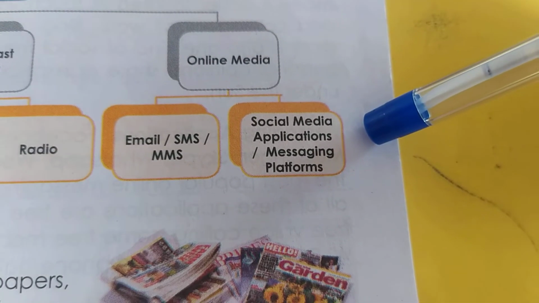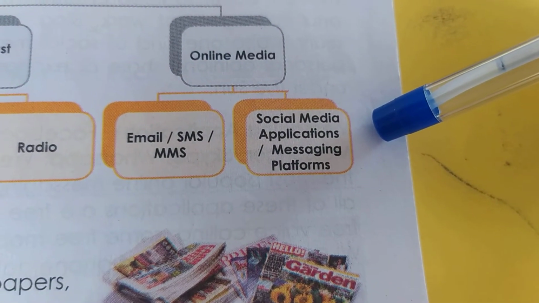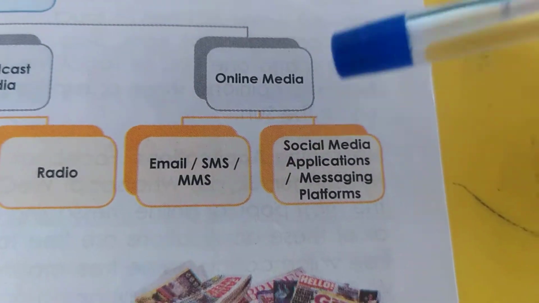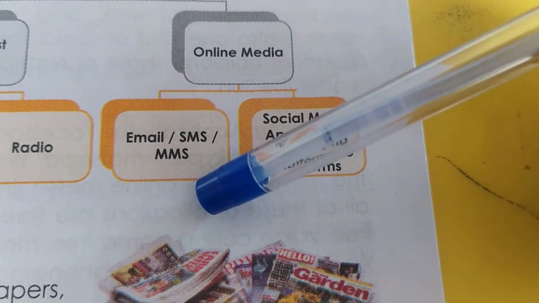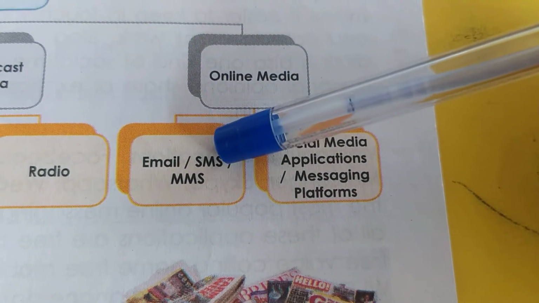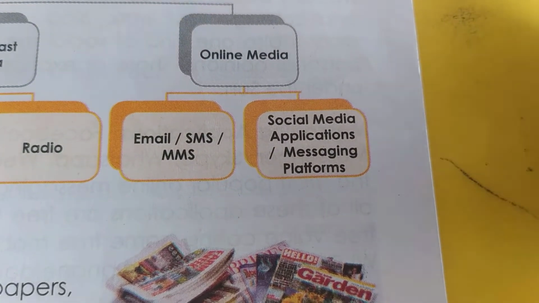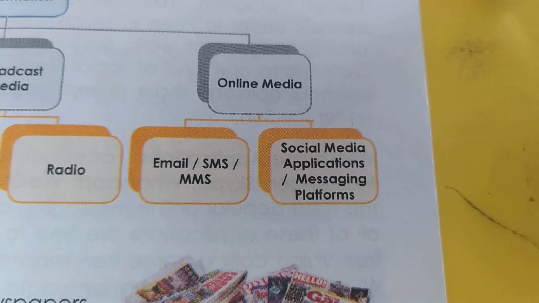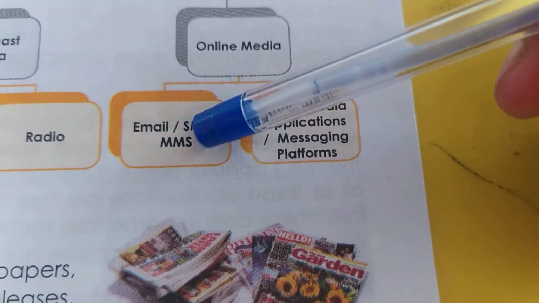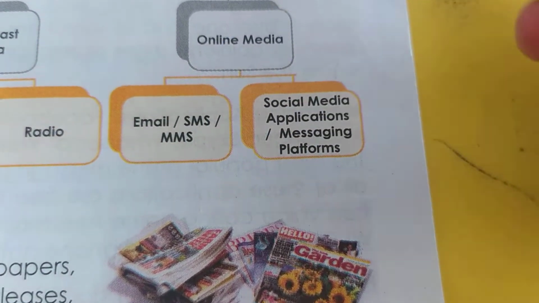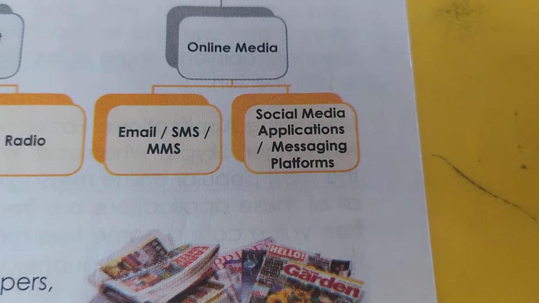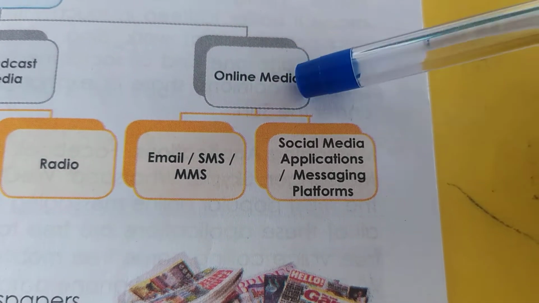Through WhatsApp only. So it is useful for everyone nowadays, right? SMS is the normal message. Apart from WhatsApp, there will be a normal message where company messages will come to your phone. That is SMS. Email is mail ID, @gmail.com, yahoo.com we call it. So that comes under online media.